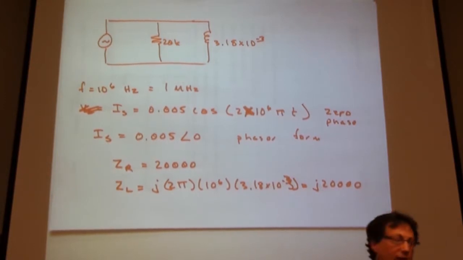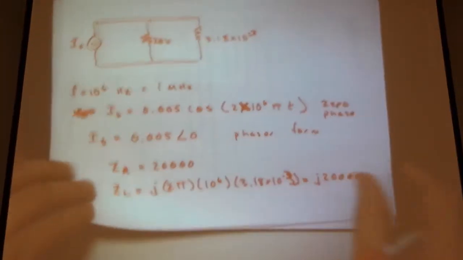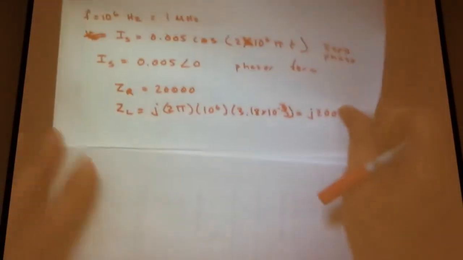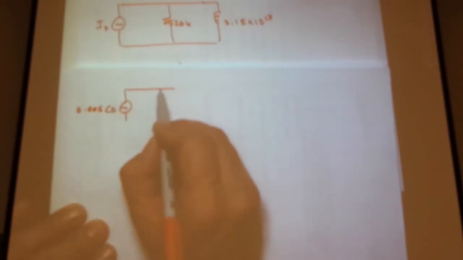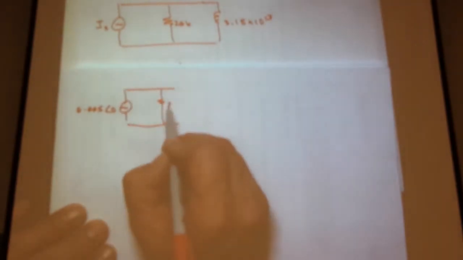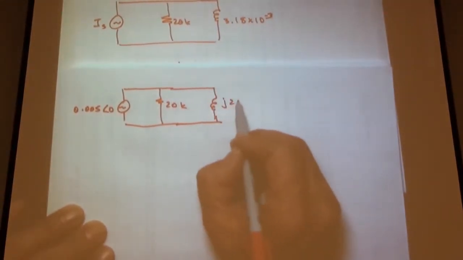Now, one of the very first things we're asked: this is an I source. We can again go back to Unit 1 concepts. We draw this circuit as I source 0.005 angle 0, 20K, and J 20K.